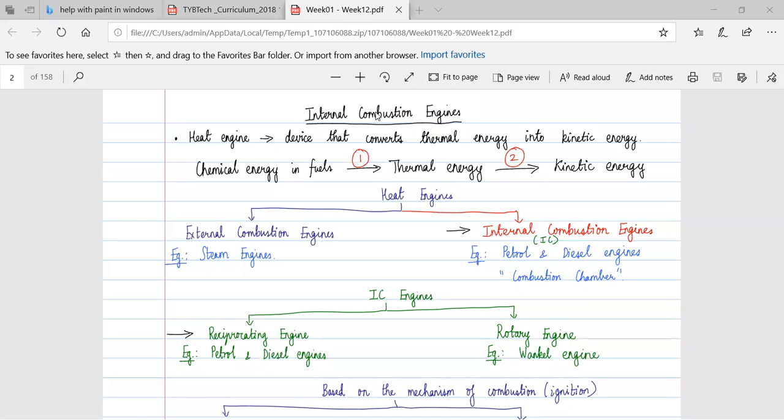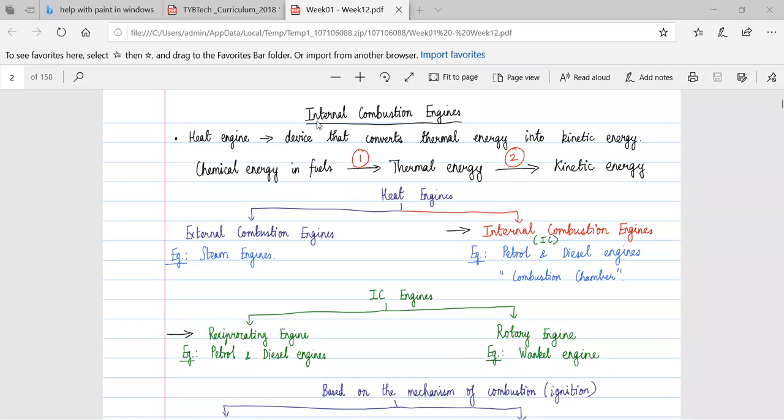As we know, as heat generates, it expands, so it generates pressure, and that thermal energy is converted into kinetic energy.